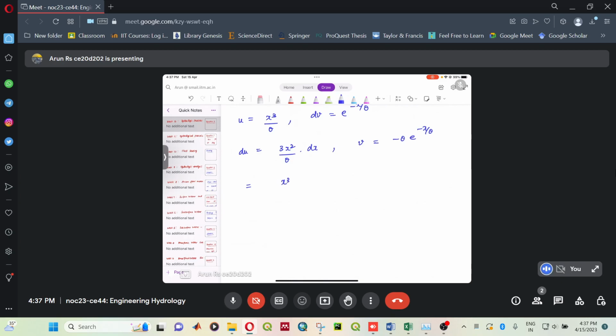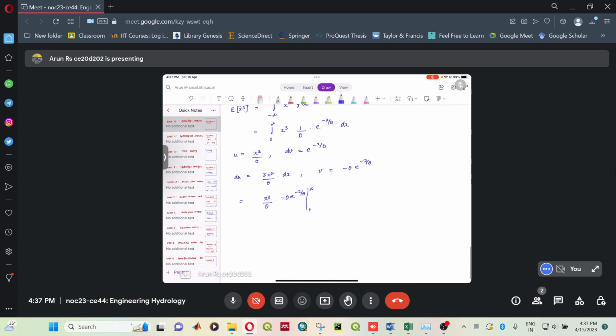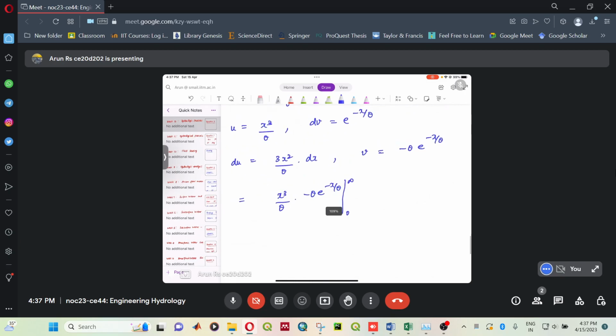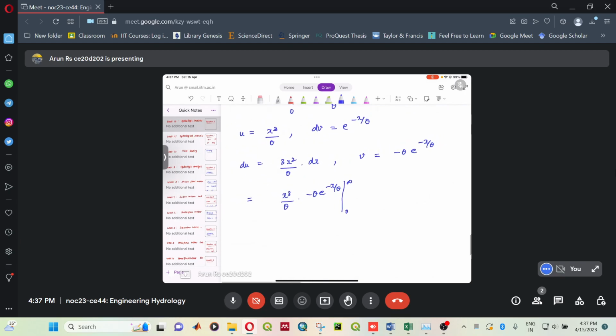So this will be x cube by theta into minus theta e power minus x by theta. We are evaluating over the limit 0 to infinity, minus integration of v du.